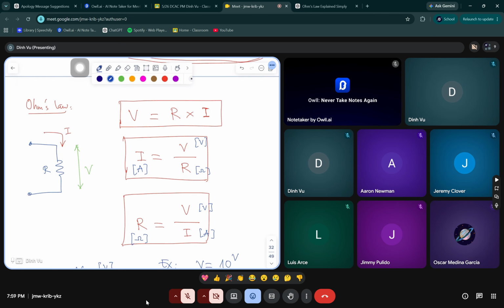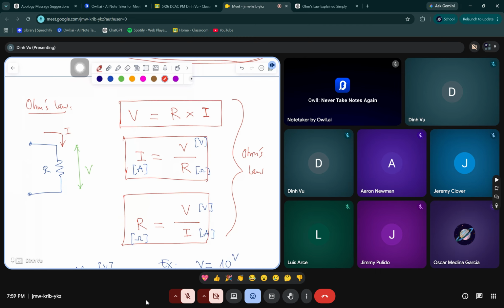Okay, so I repeat, all three formulas here, they are Ohm's law. So they are the same law, Ohm's law. But depending on what we are given, we calculate the others.